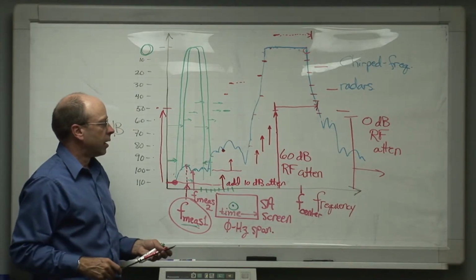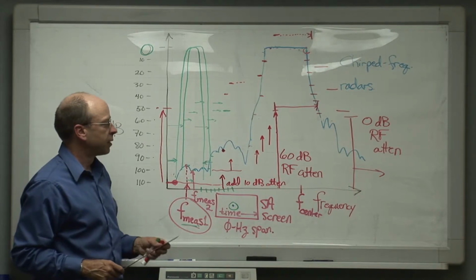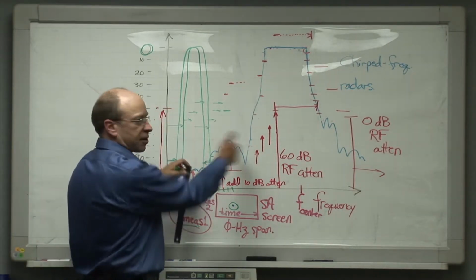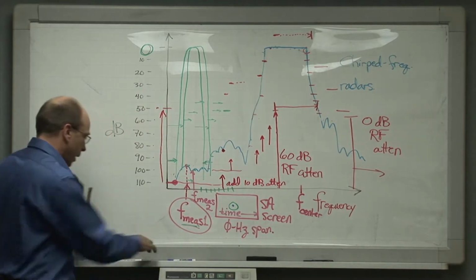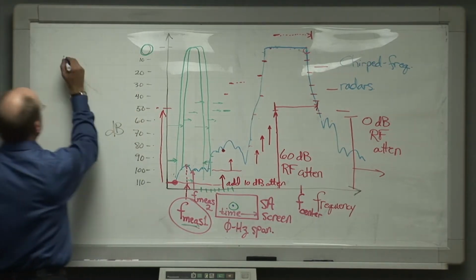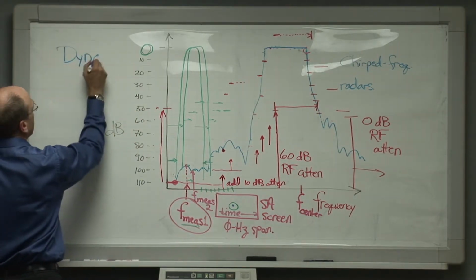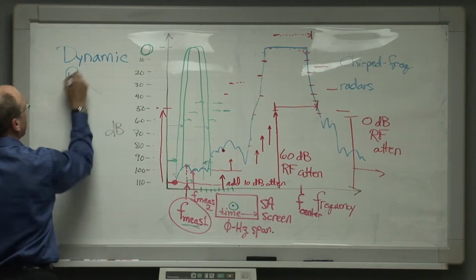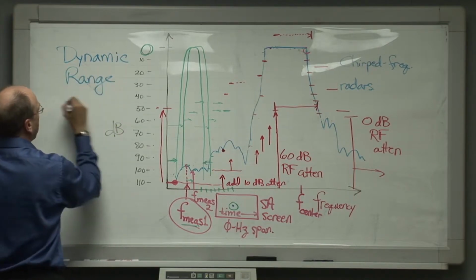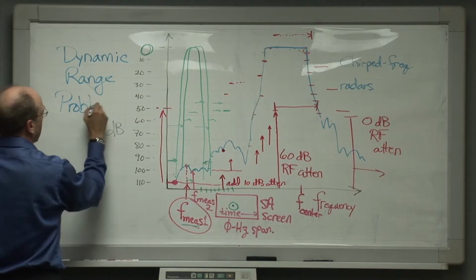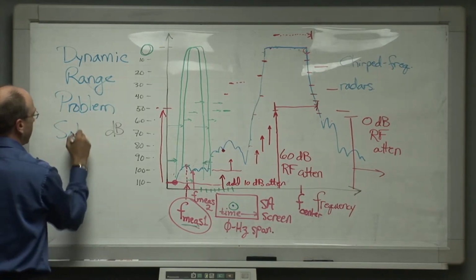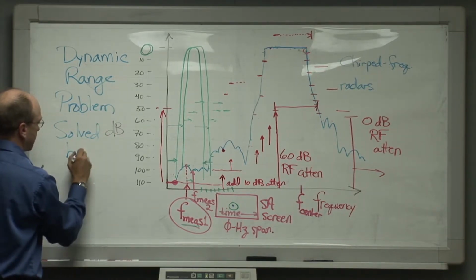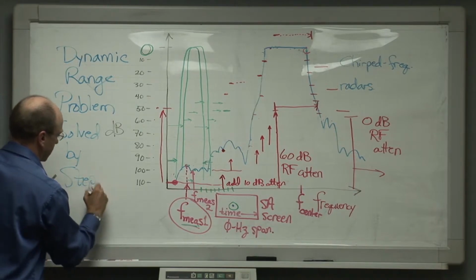So the only way that we've ever found to solve the dynamic range problem is to, in fact, step our way across. And so the dynamic range problem is solved by stepping in frequency.